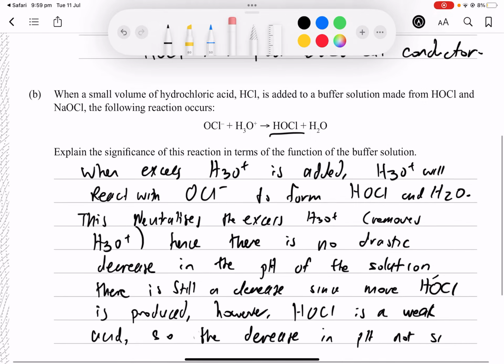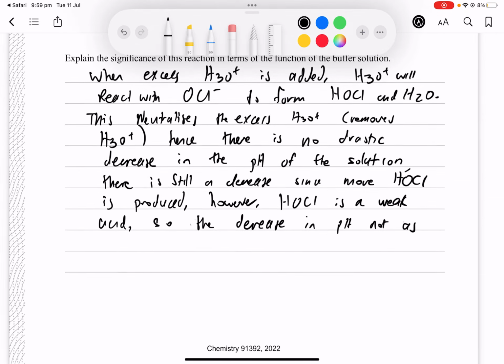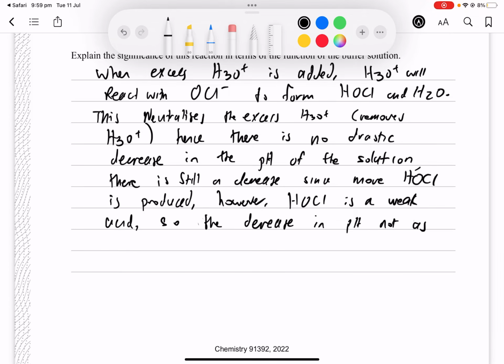Maybe say it's not as large as the decrease in pH would be if there was no OCl minus.